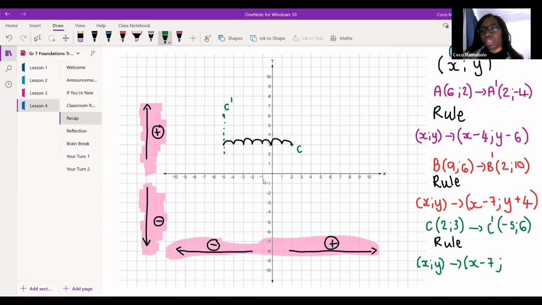Excellent. Now, let's do the same with Y. We are here. To get to C prime, do we move up or down? Up, ma'am. Okay, let's count how many times up. 1, 2, 3. So what is my rule for Y going to say?